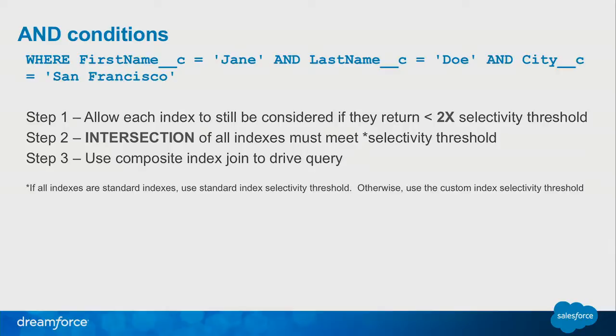It does that because it knows that when it tries to combine them later, it's going to have a lower number. So because it's an intersection, we're going to say, okay, 2 times the selectivity threshold for each one of these, and then we're going to intersect them, but you still have to meet the selectivity threshold afterwards. If all these filters were standard index, the standard index selectivity applies. Otherwise, the custom index selectivity threshold applies.